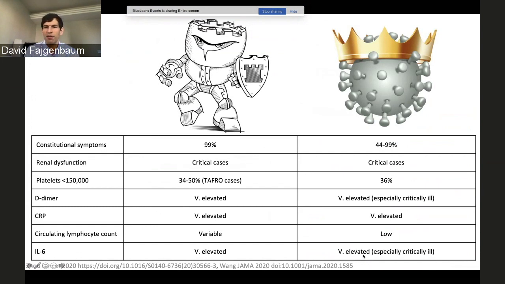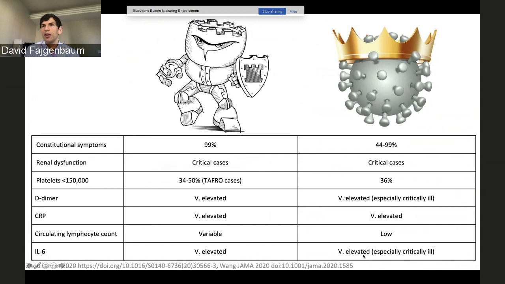One thing that is different is lymphocyte counts. So in iMCD, we see patients that can have high, normal, or low lymphocyte counts. This is circulating lymphocyte counts, whereas in COVID, most patients are presenting with low lymphocyte counts in circulation.